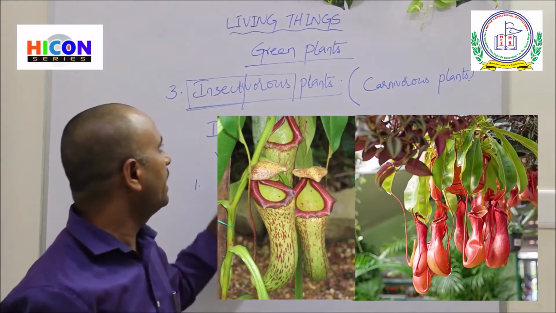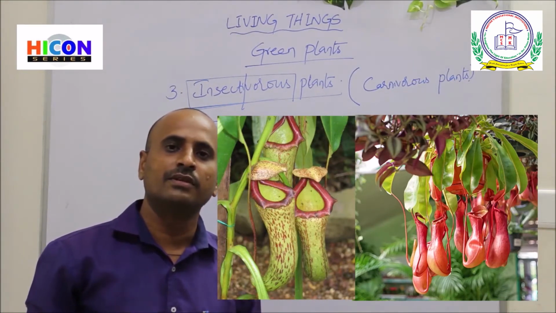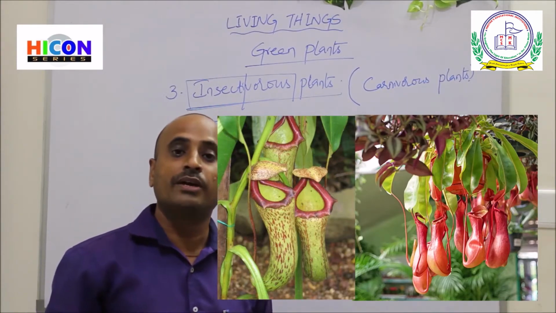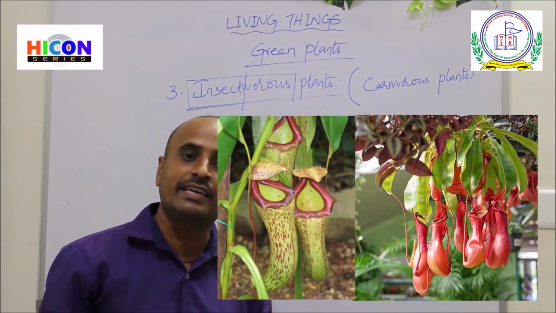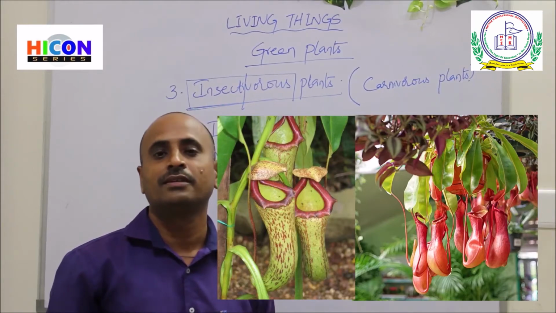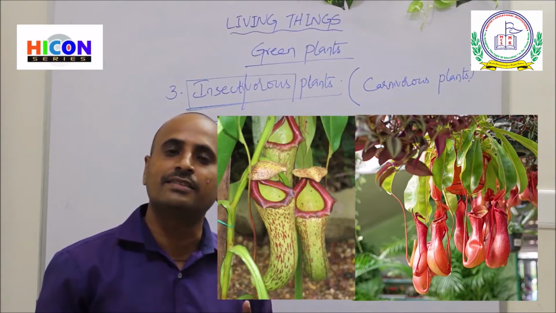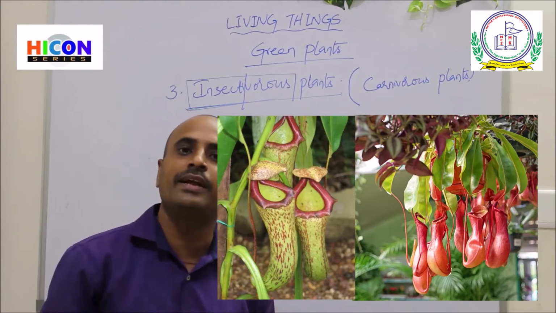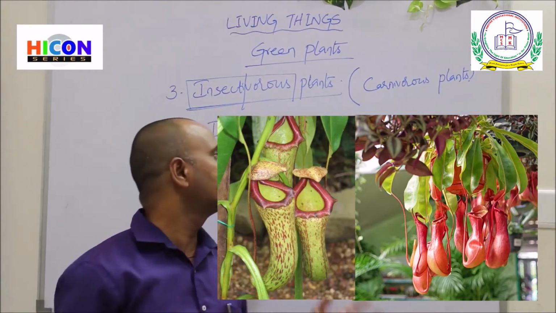These plants have some special features: their leaves and stems have different structures, so they can easily catch the insects. The insects come near these plants, attracted by these colors, and are easily trapped.